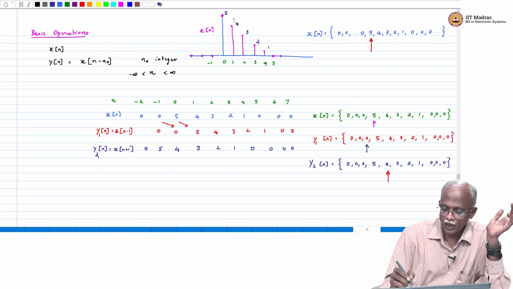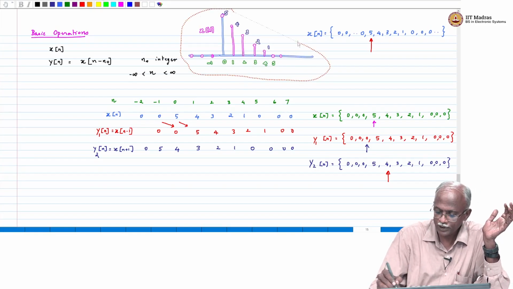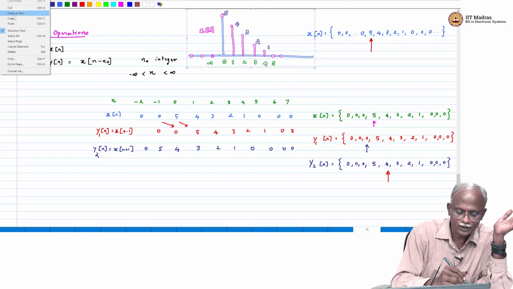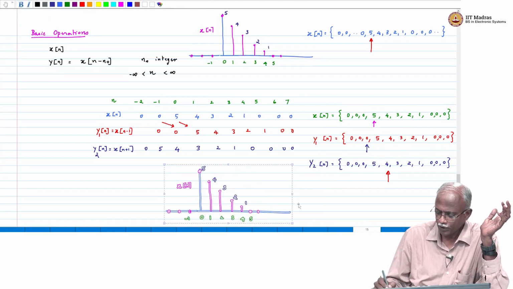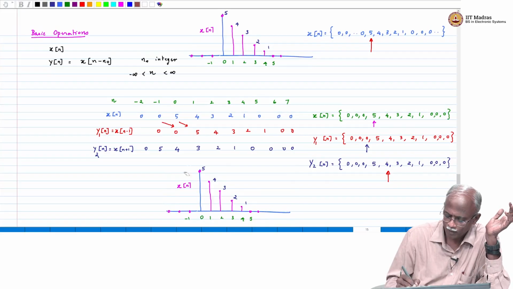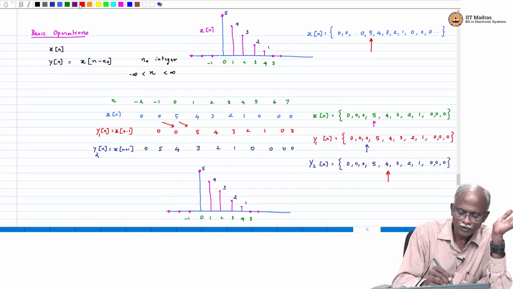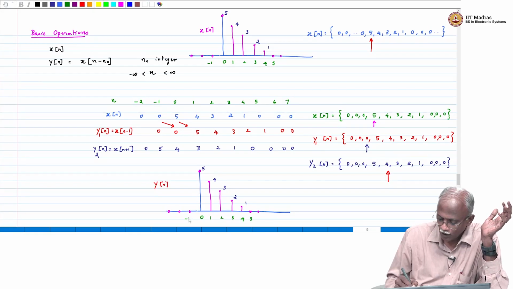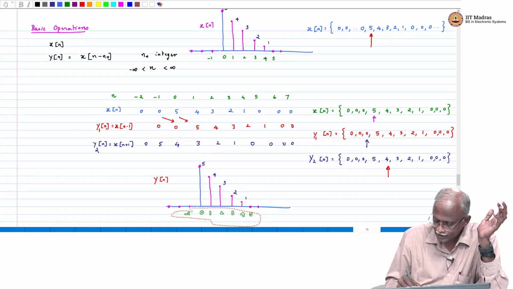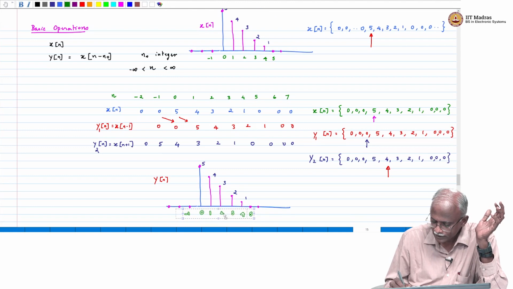So, if I were to ask you to sketch this, you should be able to sketch it. Edit, copy, paste. Okay, so now we want to sketch y of n. The origin, this axis will now be moved like this.